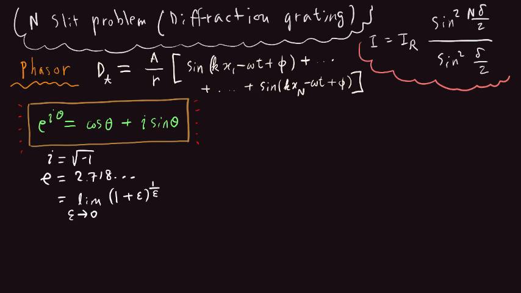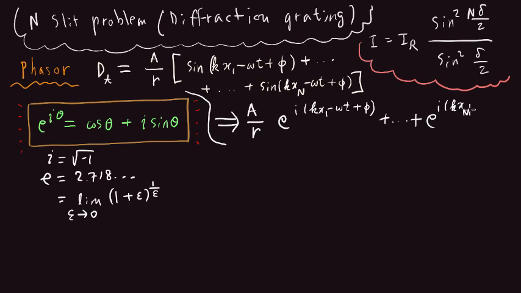So don't be too alarmed if some authors use cosines and some other authors use sines in this kind of expression. Anyway, this expression in the complex number form becomes A over r times exponential i (k x1 minus omega t plus phi) plus and so on, up to exponential i (k xn minus omega t plus phi).